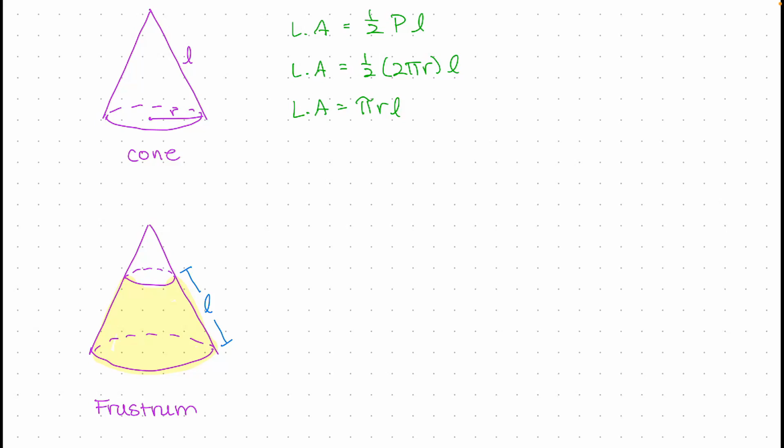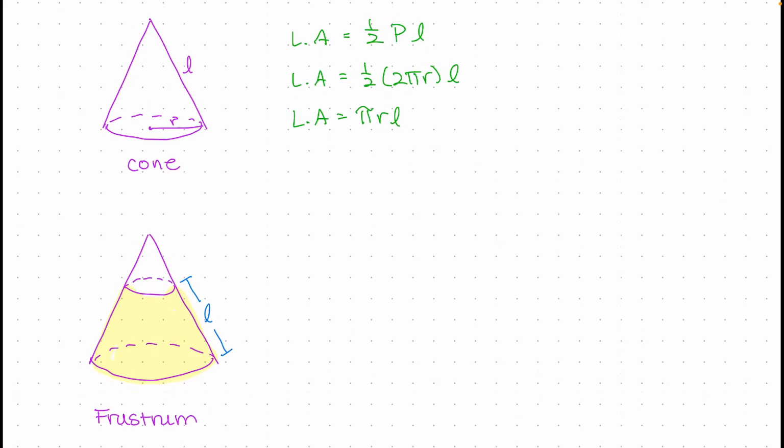But I think we can see that to find the surface area of the frustum, we're going to look at the lateral area of the big cone, and then take off the lateral area of the little cone. So I do need something on that little cone. I'm going to label that slant height as L1. And then we definitely have 2 radii here.